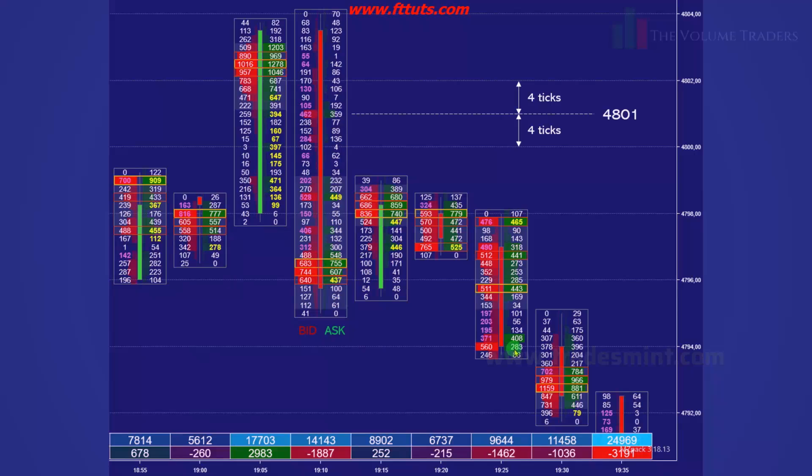And now I want to show you some confusions, because as I said, all we see on the footprint chart are executed orders. So not only live market orders, like when we are trading, as most of us use market execution, but on the footprint we also see the limit orders.